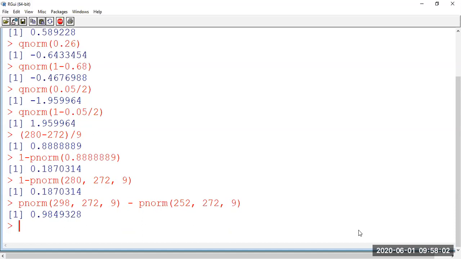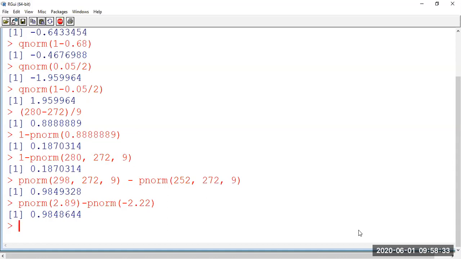So that is going to be the answer using the original values, or you can use the z-scores that we computed in the second part. So the upper z-score is 2.89 minus the lower z-score, which is negative 2.22. So in any case, we get very similar values. In the second case, I'm using the rounded values, so there is a minor discrepancy, but the answers are the same.